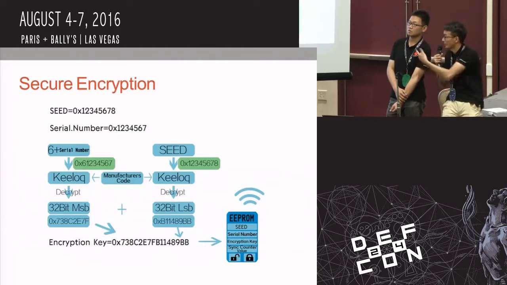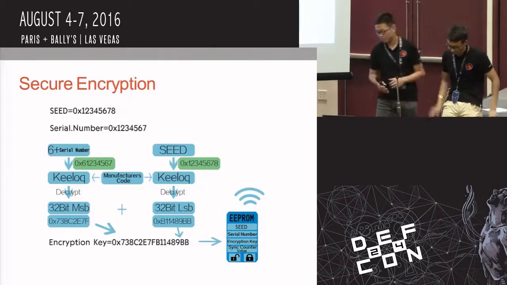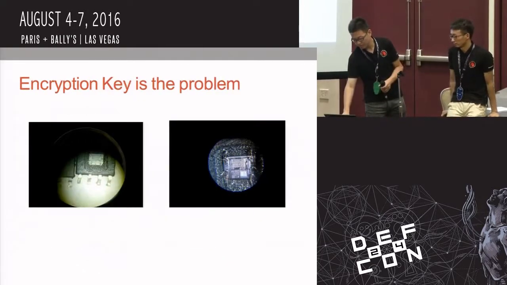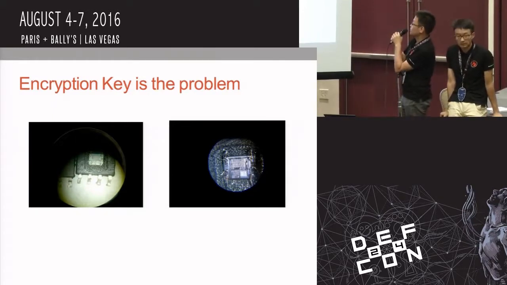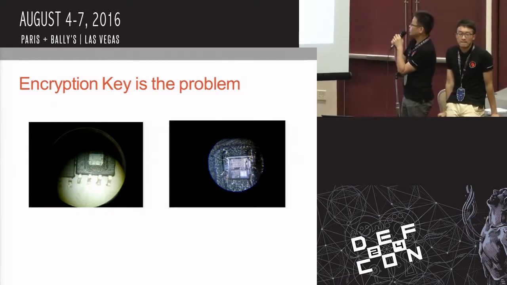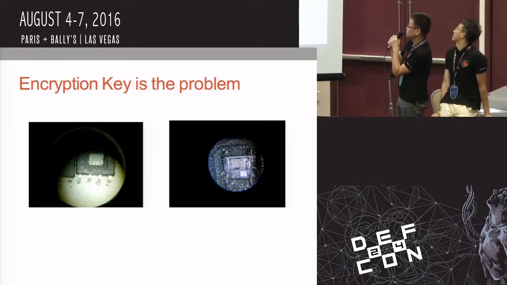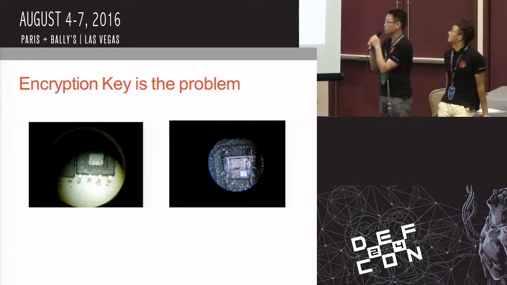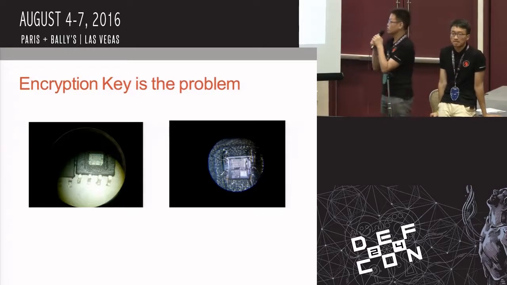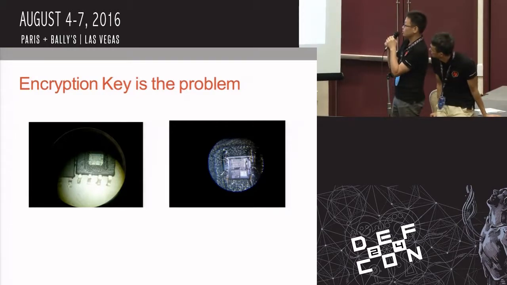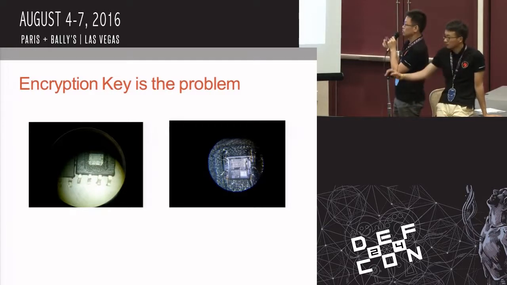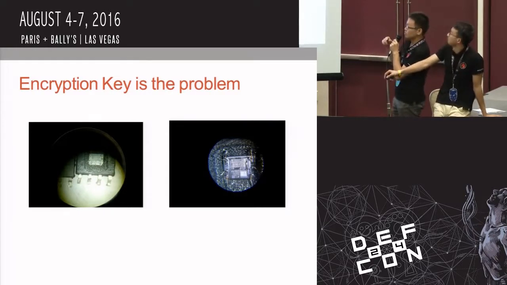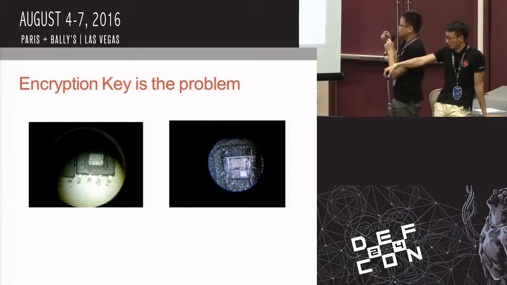I think we are talking about problems here. We know the encryption key is a problem. So how do we get the encryption key, how do we get the manufacturer's code? The manufacturer's code is saved in two places.